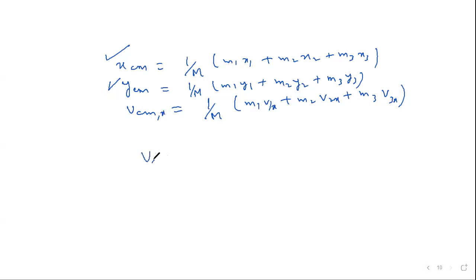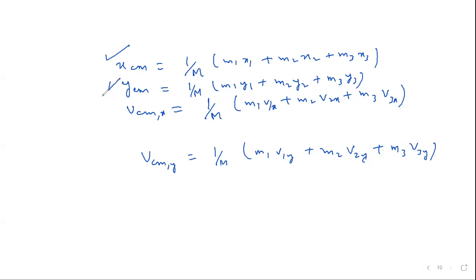Similarly, there will be y component of velocity of center of mass, which will be 1 over m, m1v1y plus m2v2y plus m3v3y. v1y is y component of velocity of particle 1, v2y is y component of velocity of particle 2, v3y is y component of velocity of particle 3.